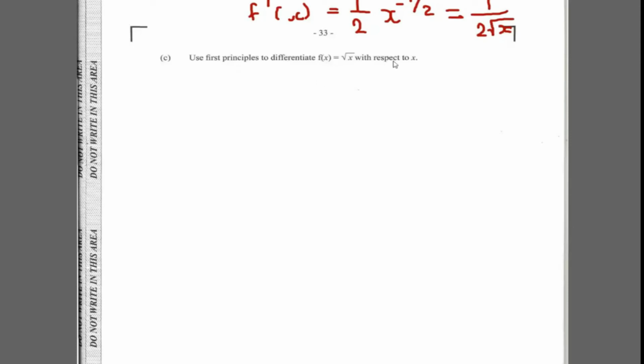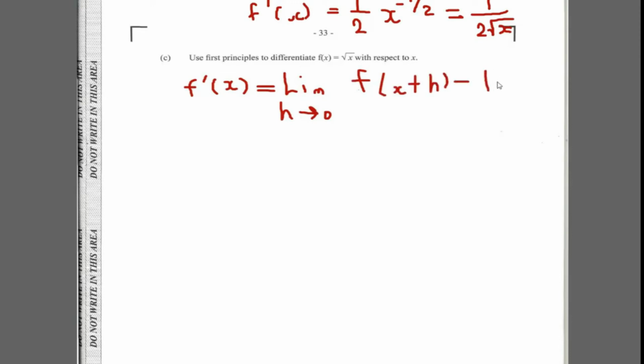So using first principles to differentiate this, what we're going to get then is f prime of x is going to be equal to the limit as h tends to 0 of f of x plus h minus f of x over h.